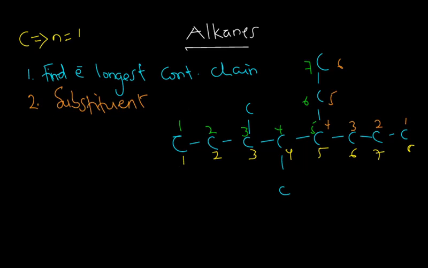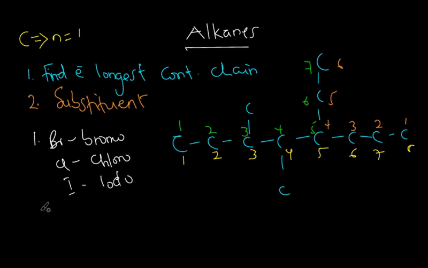Now that we know what substituents are, let's dive a little bit more. In chemistry, we have 2 general classifications of substituents. The first one is the inorganic ones, and they include the halogens. So bromine as a substituent is called bromo. Chlorine will be called chloro. Iodine will be called iodo. Then we also have NH2, which we call amino.